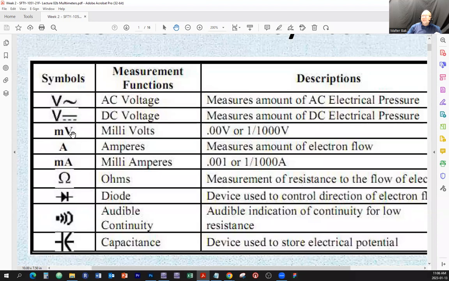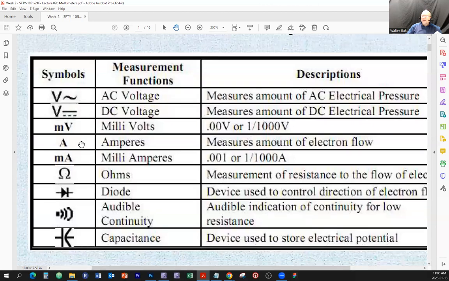So 1 millivolt is 1,000th of a volt. You can set up the range to maybe 20 millivolts, up to 200 millivolts, depending on the measurements you're dealing with here.